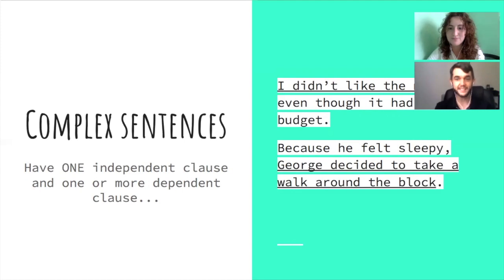The next sentence, because he felt sleepy, George decided to take a walk around the block. This sentence is the opposite of the first sentence, because in this sentence, the dependent clause comes first and the independent clause comes second.